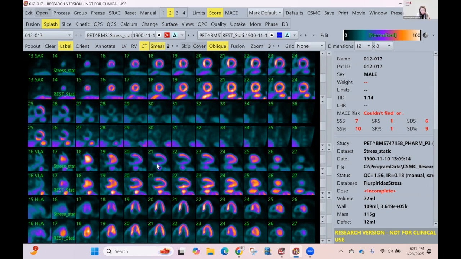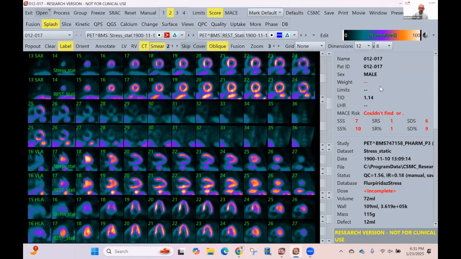There were some questions previously on TID, and this might be a good time to make some comments on that. Honestly, I don't know what the normal value of TID would be for Flurpiridaz. I think we need to know more. What I typically like to see for TID is I need to see it visually before I rely on a number.